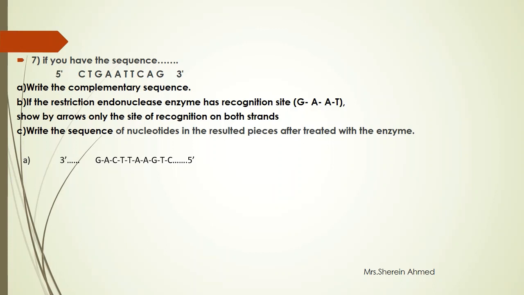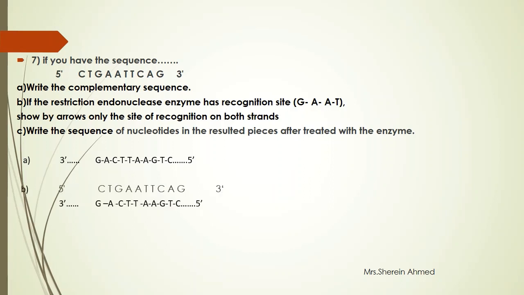Restriction endonuclease enzyme has a recognition site GAAT. You know that the recognition site is a sequence of nucleotides which the restriction endonuclease cuts near or at it, leaving sticky ends. So, show by the arrows only the site of recognition on both strands.